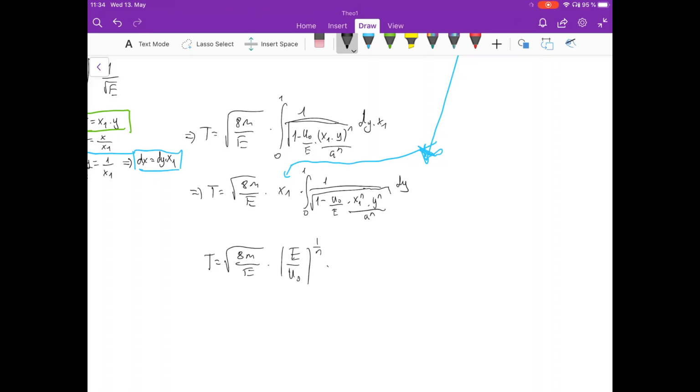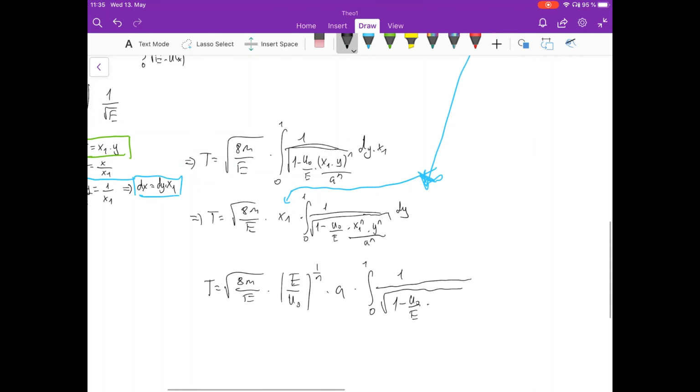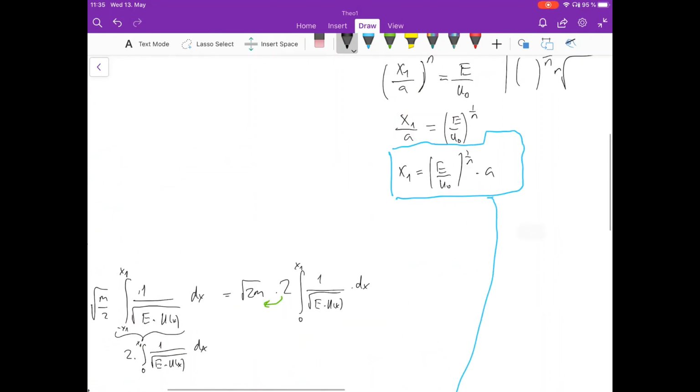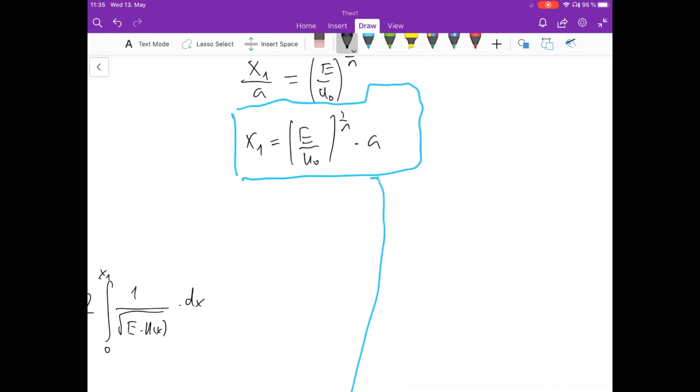Let's look at it again. Times E divided by u null to the power 1 over n times a times the integral from 0 to 1 of 1 divided by the square root of 1 minus u null divided by e times x1 to the power n.